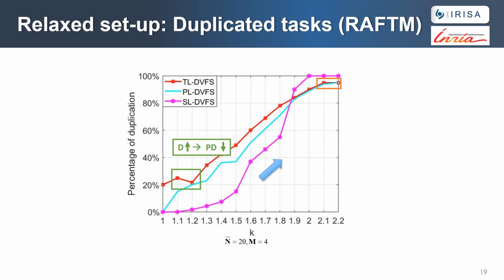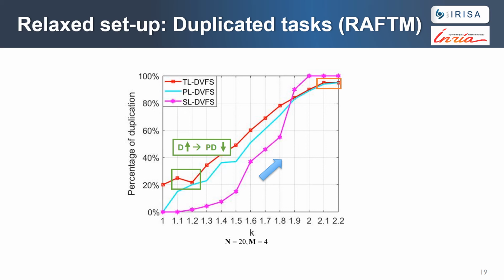The reason is that different DVFS schemes have different flexibility, as explained above. When the task's reliability requirement can be satisfied without duplication and at the same time the energy consumption is less than the energy consumption when duplicating with the lowest frequency, task level DVFS and process level DVFS do not duplicate this task.